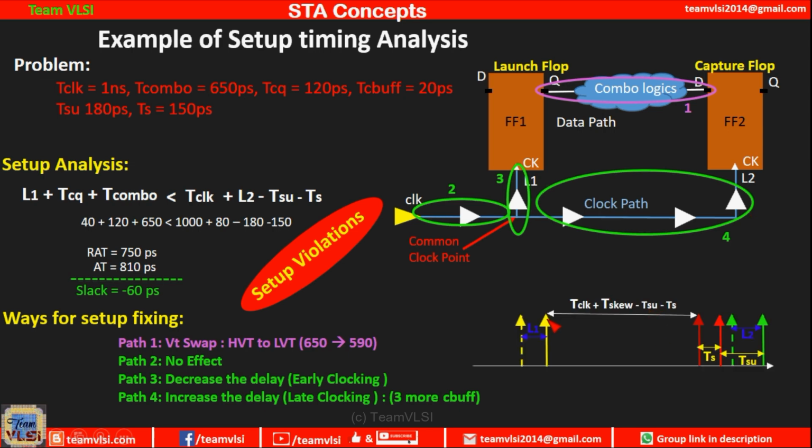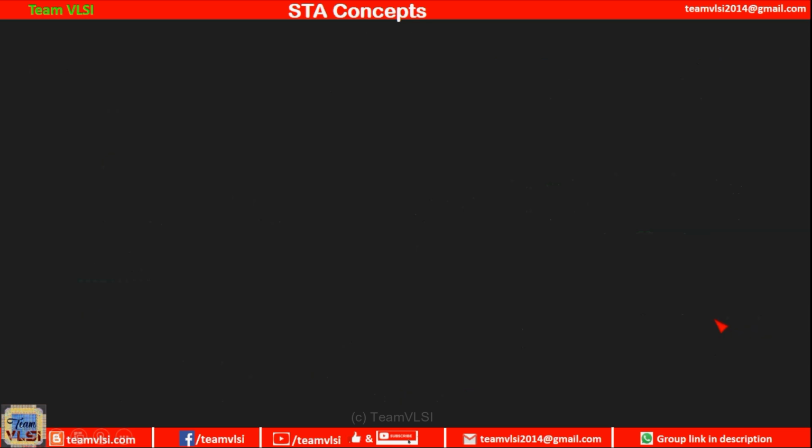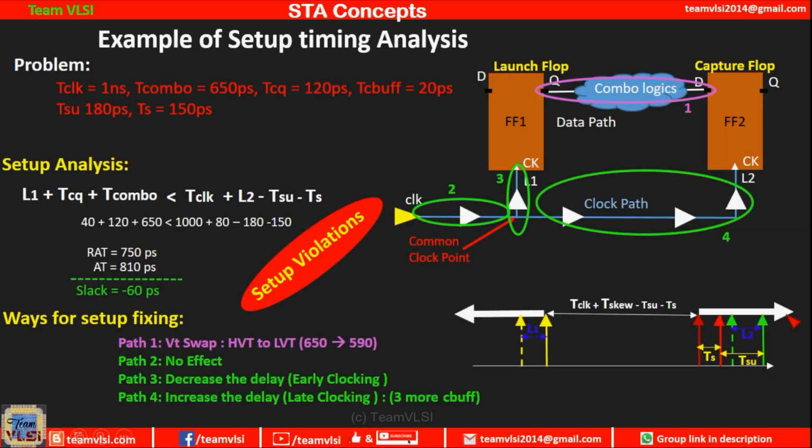From here we can see that if this clock is made early, it will help. So for the launch flop we can do early clocking, and for the capture flop we can do late clocking, but always be attentive while doing this and analyze the previous and next paths, right?